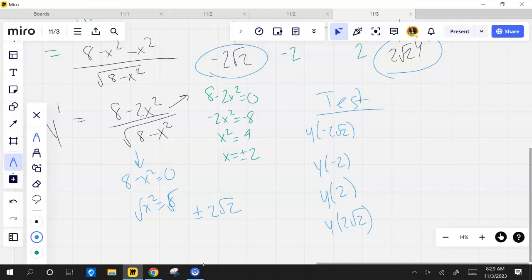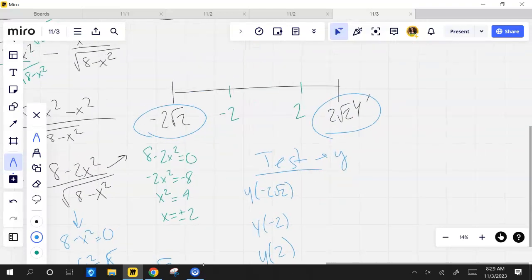If you're testing the points, you're plugging into y. If you're doing a sign analysis, you're plugging into y prime. If you're looking for increasing, decreasing, you're plugging into the derivative. If you're looking for max, min value, you plug into the original function.